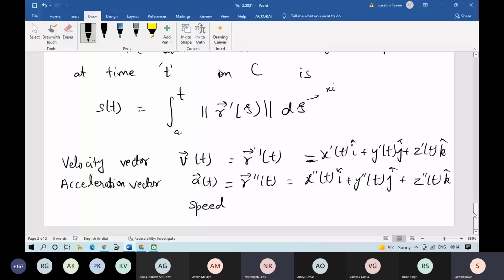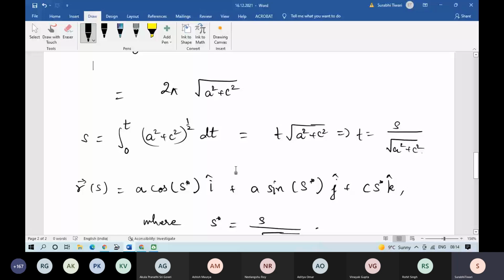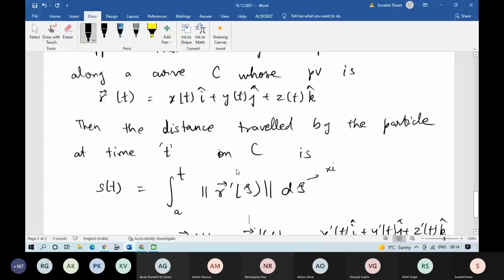So speed is the mod of v(t), the magnitude of the velocity vector. Write some notes on this.